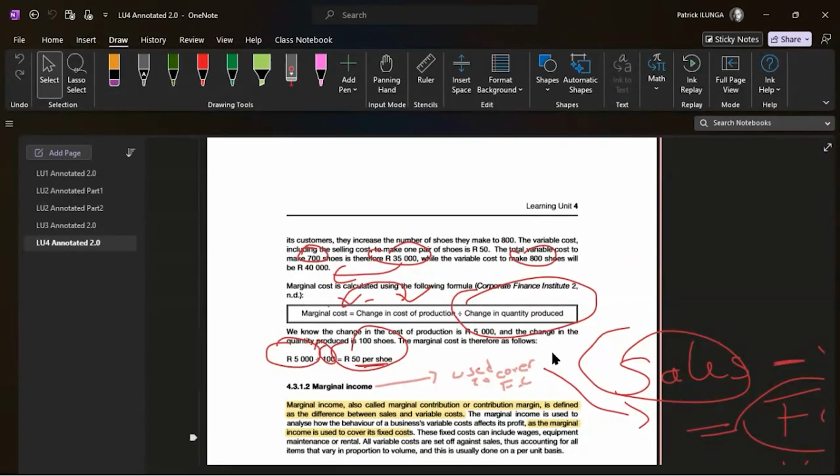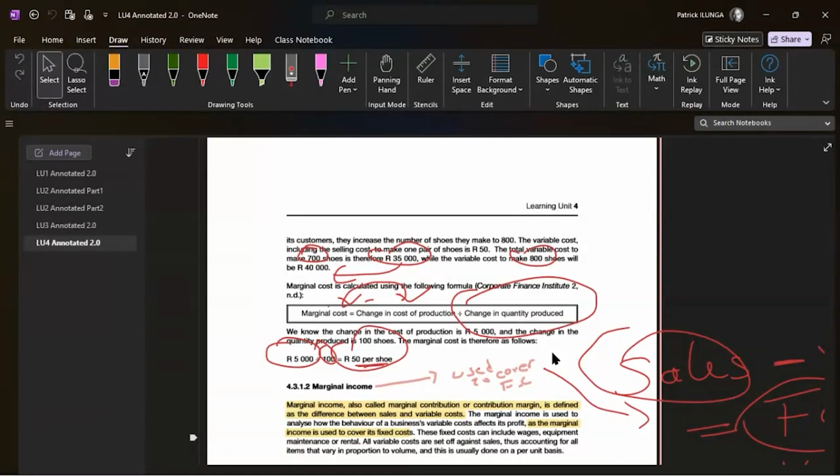The variable cost, including the selling cost, to make one pair of shoes is 50 Rand. The total variable cost to make 700 shoes is therefore 35,000, while the variable cost to make 800 shoes will be 40,000.